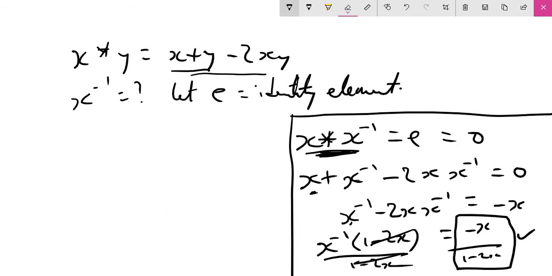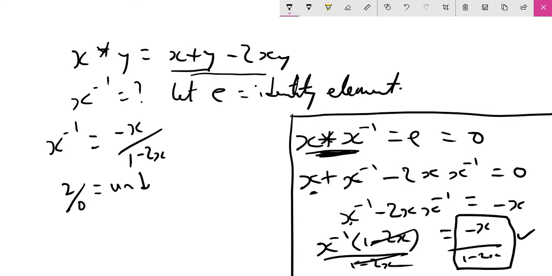So let's write out the inverse. x inverse is equal to minus x divided by 1 minus 2x as found. Now think about it. Let's say you have 2 divided by 0. If you try to divide any number by 0 on your calculator, it will give you some math error. This is undefined.